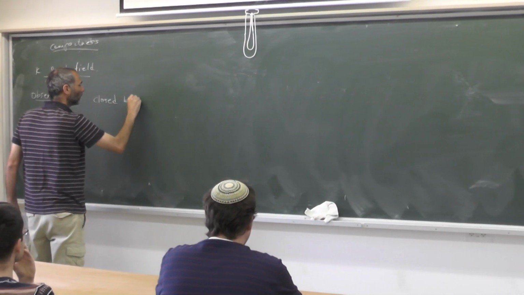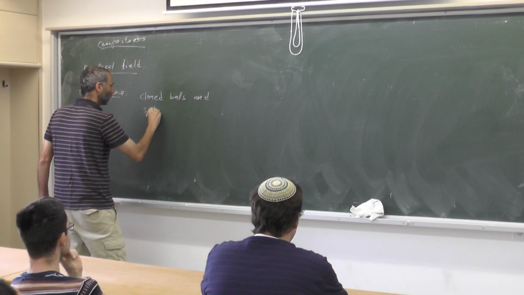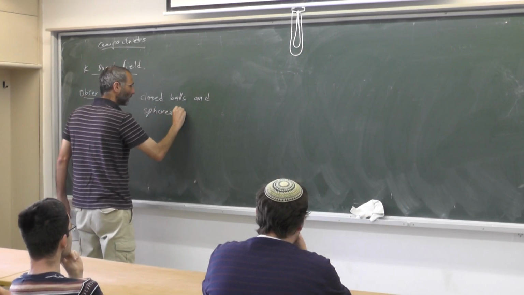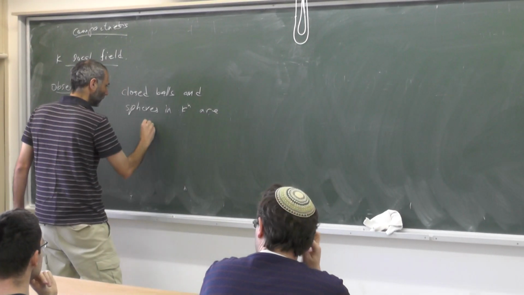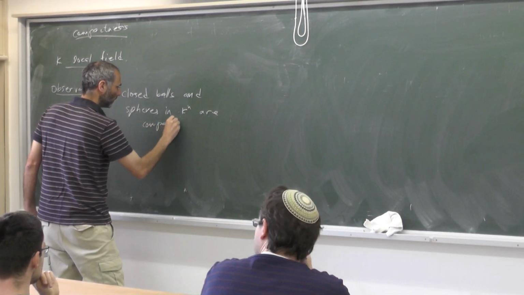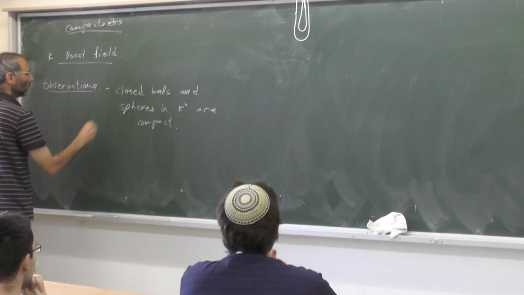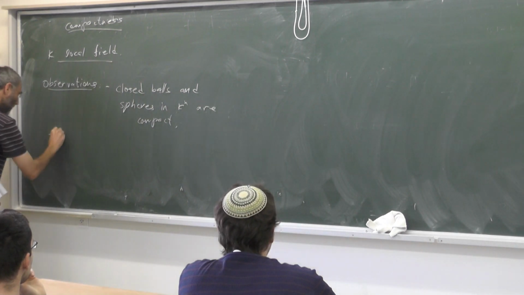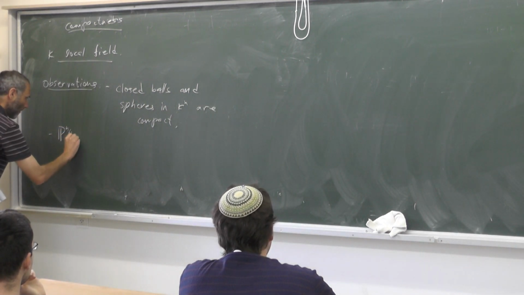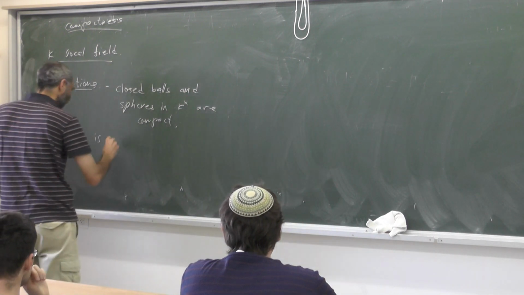Closed balls and spheres are compact. Of course, many times open balls as well, if our field is not ultrametric. Projective space. The spaces are compact.